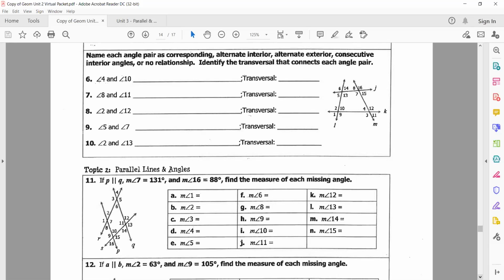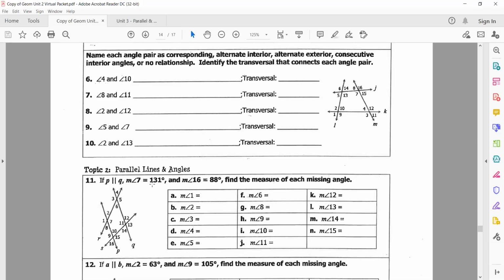Where's angle 7? Okay, that's down here. That's across from angle 1. This line here, P, is parallel to line Q. At least now I know where angle 7 is, and I have the angle measurement for that.